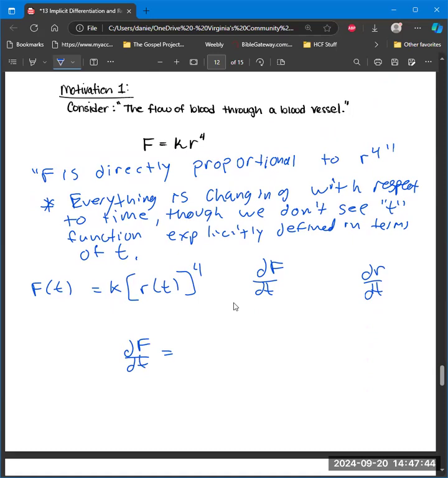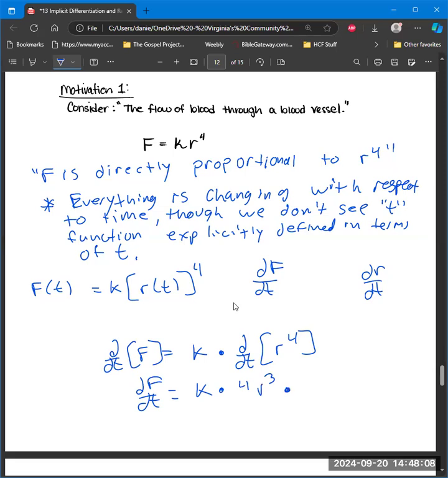K is a constant that just sits there. df dt is equal to k times 4r to the third. Using the chain rule, we get dr dt here. So df dt is equal to 4k r cubed times dr dt.